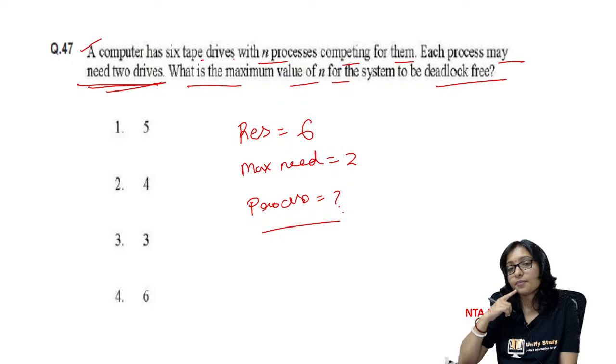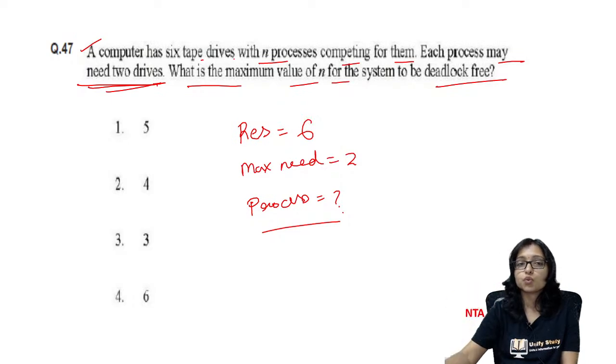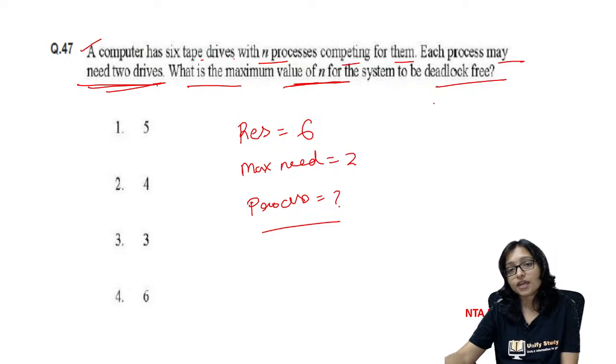What will be the number of processes here? How many processes can be there? What will be the maximum value of n? Same way, I will do the worst case. What is the worst case?